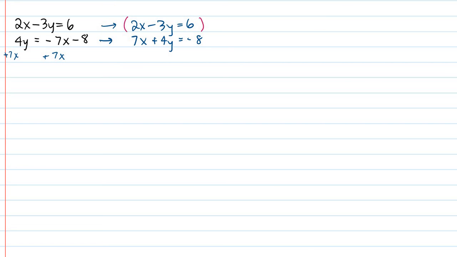I'm going to multiply by 4 everywhere, which will give me 8x minus 12y equals 24. And for my second equation, if I multiply by 3 everywhere, it'll give me 21x plus 12y equals negative 24.